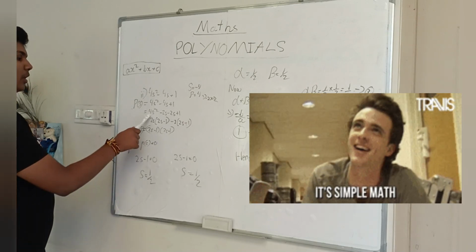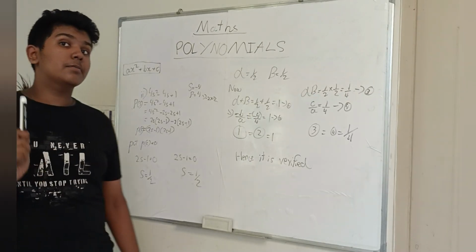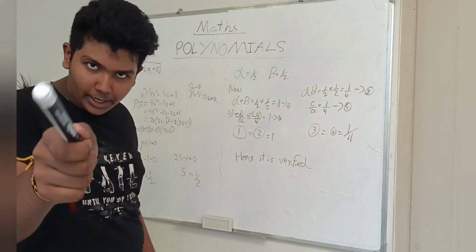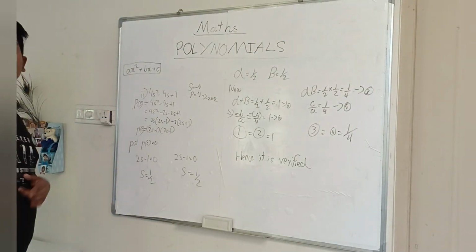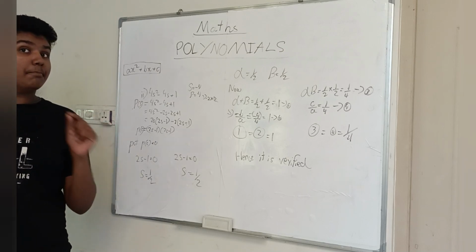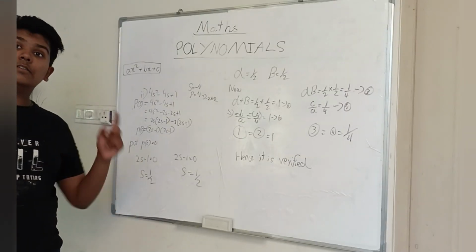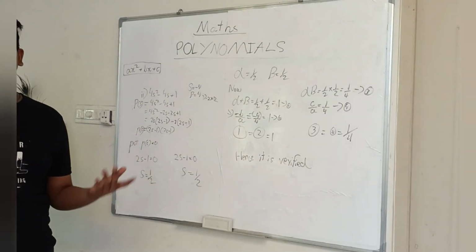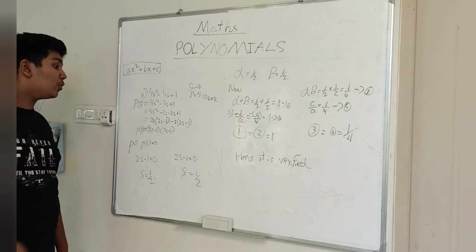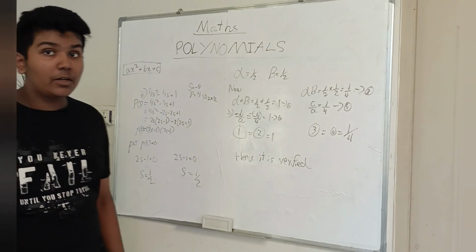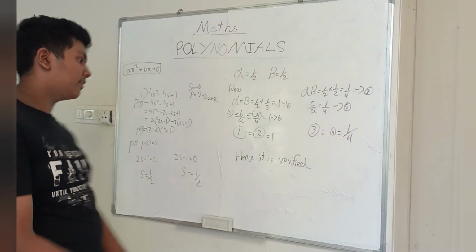So 4s square minus 2s minus 2s plus 1. Now, from common terms, 2s into 2s minus 1, minus 1 into 2s minus 1. So, P of s is equal to 2s minus 1 into 2s minus 1.